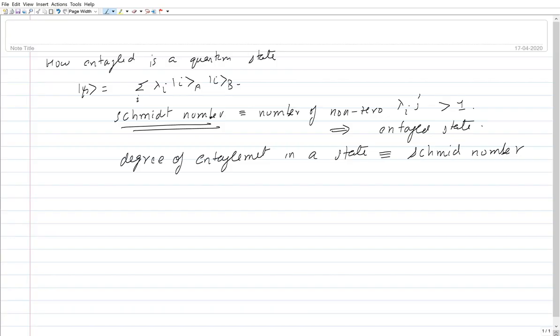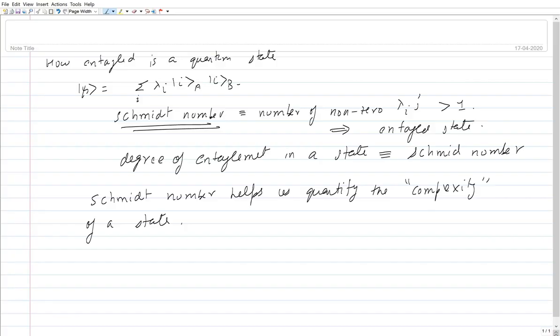And intuitively, it actually makes sense because if you look at it, the Schmidt number helps us quantify the complexity of a state.